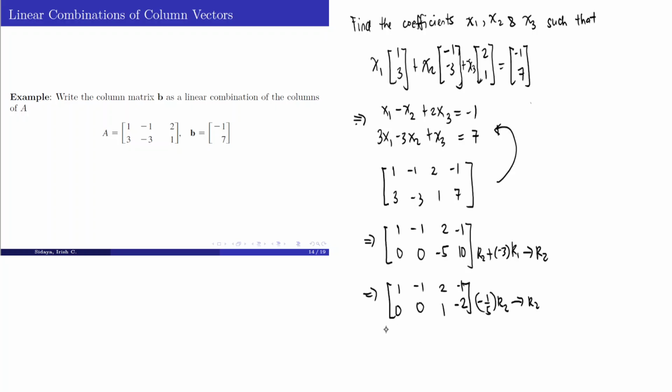So we obtain the system: x sub 1 minus x sub 2 plus 2 x sub 3 equals negative 1 and x sub 3 equals negative 2. Notice that we have one free variable, so we have infinitely many solutions.